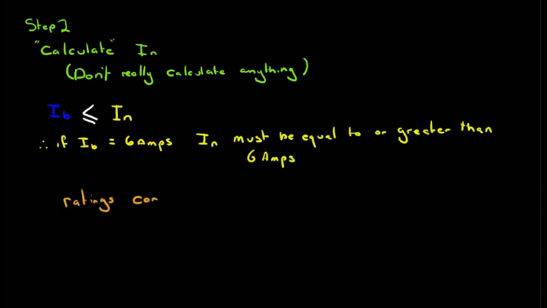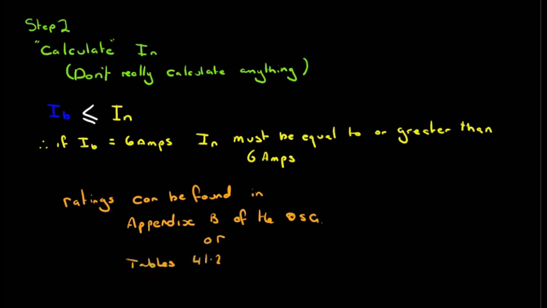so keep that in mind. If you struggle to remember the different sizes of circuit breakers and fuses available, you can look in Appendix B of the on-site guide, or Table 41.2 to 41.4 of BS 7671, and all the values can be found there.